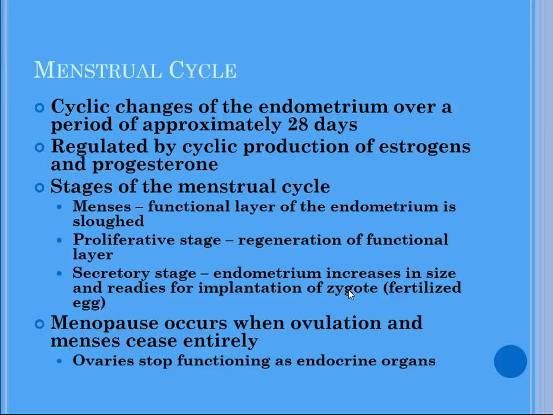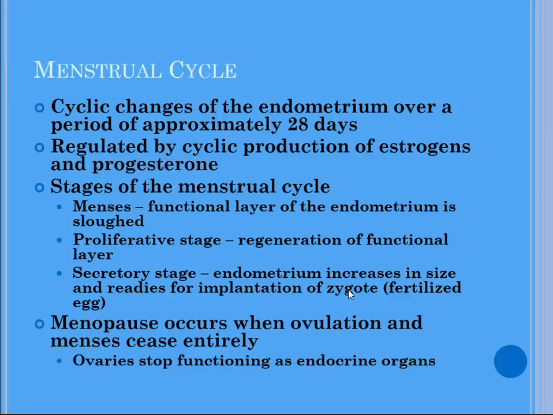But if you're not anchoring the egg, it's just sloughed off, right? And then during the proliferative stage, that layer is regenerated. And during the secretory stage, the endometrium is increasing in size. It's readying for the implantation. I'm going to show you a graph of this.